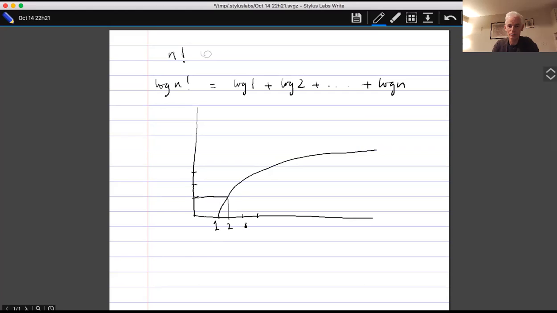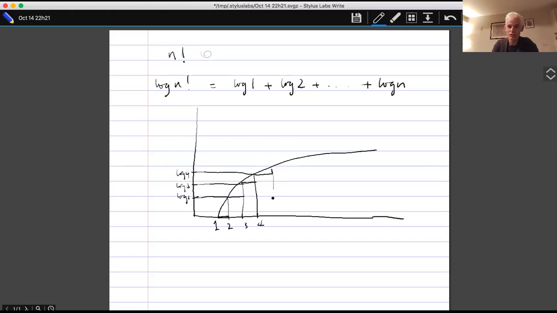So we have 2, 3, 4, and there's log 2, log 3, log 4, and so on. Now if I want to write something down here that has the value log 1 plus log 2 plus up to log n, I can just put some rectangles. Here's a rectangle of height 0, a rectangle of height log 2, a rectangle of height log 3.